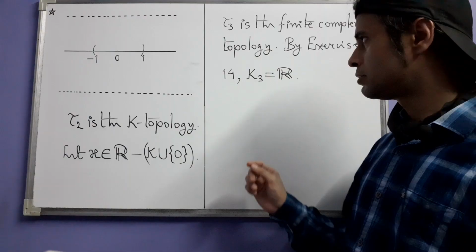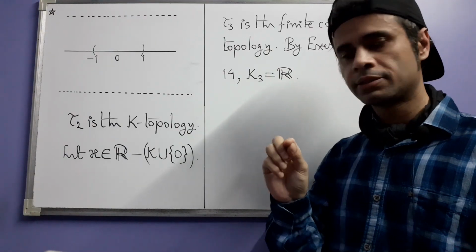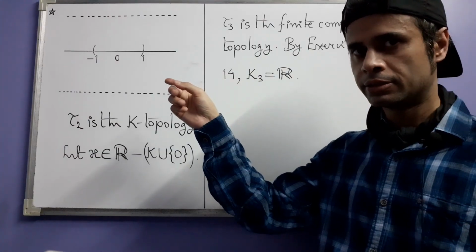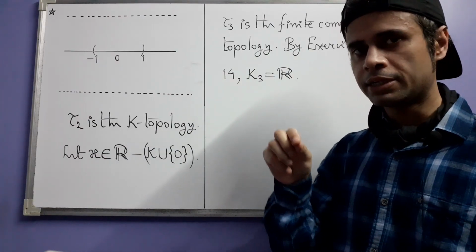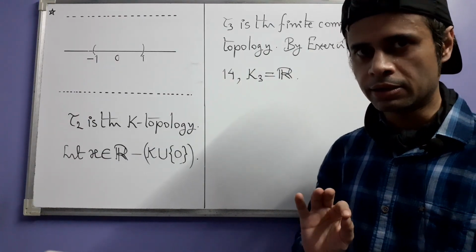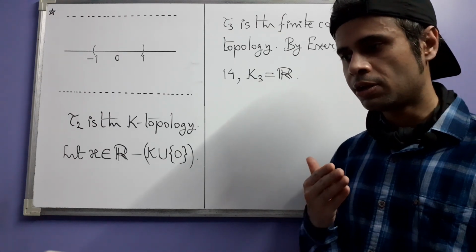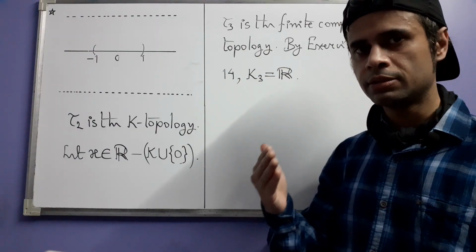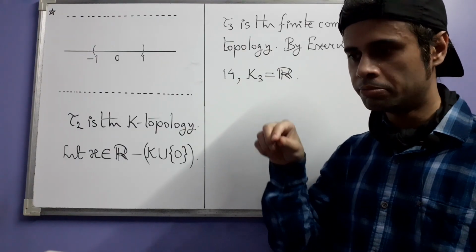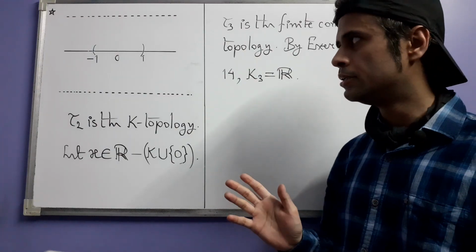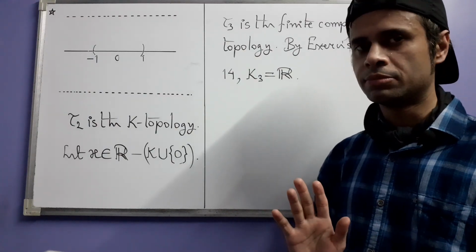So if you arbitrarily choose any real number x and choose a neighborhood U of that real number in the finite complement topology, what did we show? We showed that almost all the terms of the sequence of reciprocals belong to that neighborhood. But we only need at least one term.